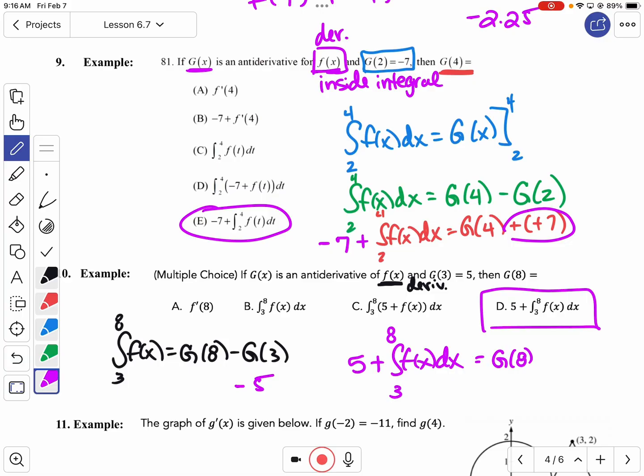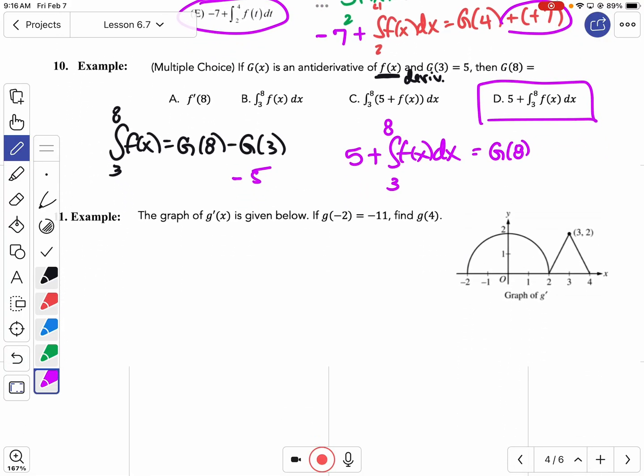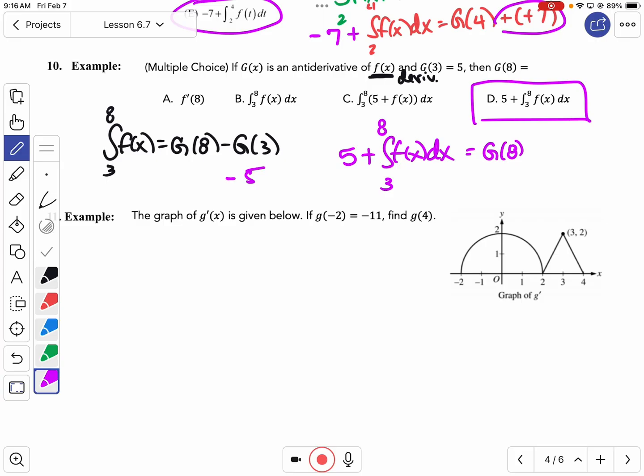Now, this next one I really like. The graph of G prime is given below. So this is not G, this is G prime. It's different. If G at -2 is equal to -11, find G at 4. We're going to have to look at some accumulation.